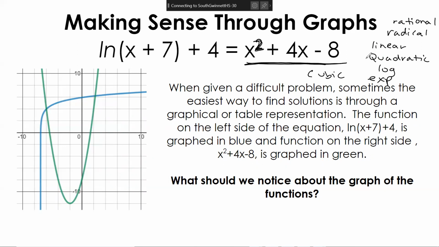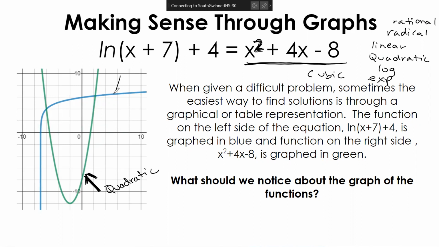Which one of these is x squared? Not exponential. Is the x in the exponent? No. Okay, so we have a power of 2. Quadratic. So this one in the green is a quadratic. All right, what about this one on the left-hand side? We got ln of x plus 7.